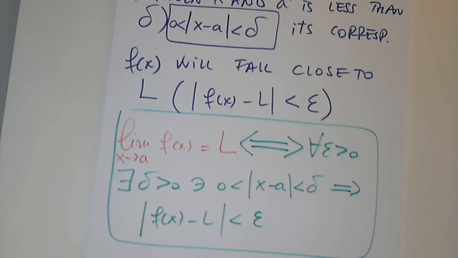So all that half a page means, one more time, for every epsilon, because the limit exists, I can choose any epsilon as small as you want it to be, 0.0001 if you want.